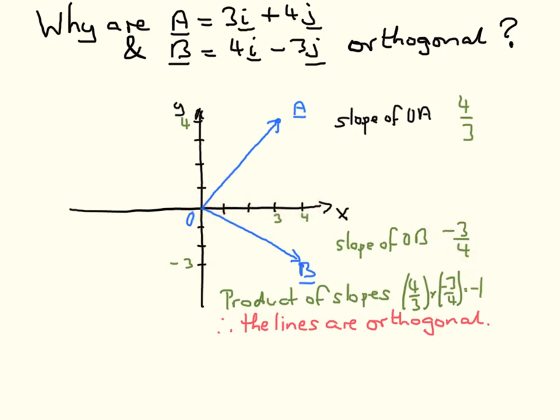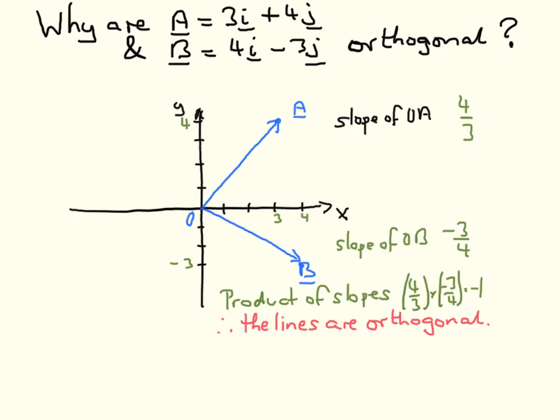And if I take the product of those two slopes, I get 4/3 times minus 3/4, and the 3's cancel, the 4's cancel, and we're left with minus 1. And this tells us that the product of the slopes is -1. This tells us that the lines are orthogonal. So if you've got any two lines and you multiply their slopes together and you get -1, it means that the lines are orthogonal.